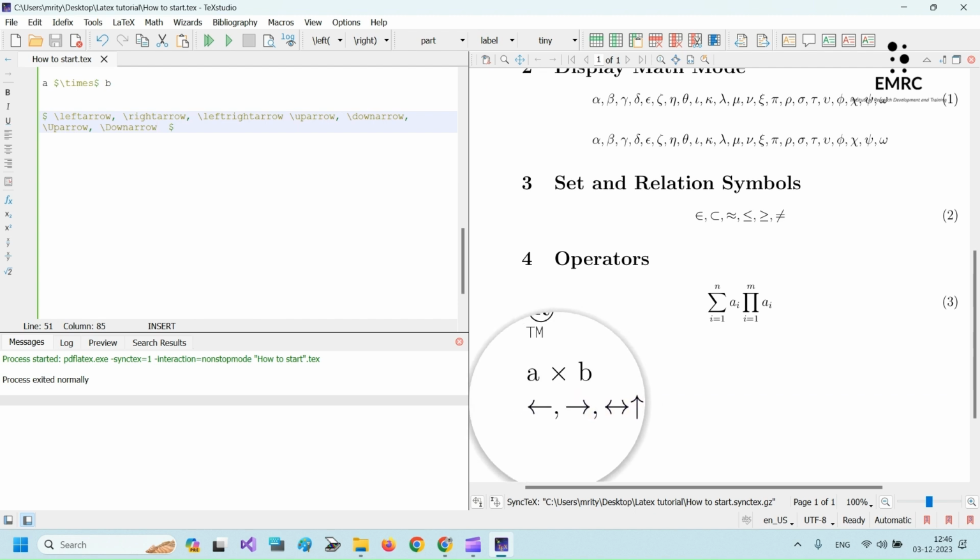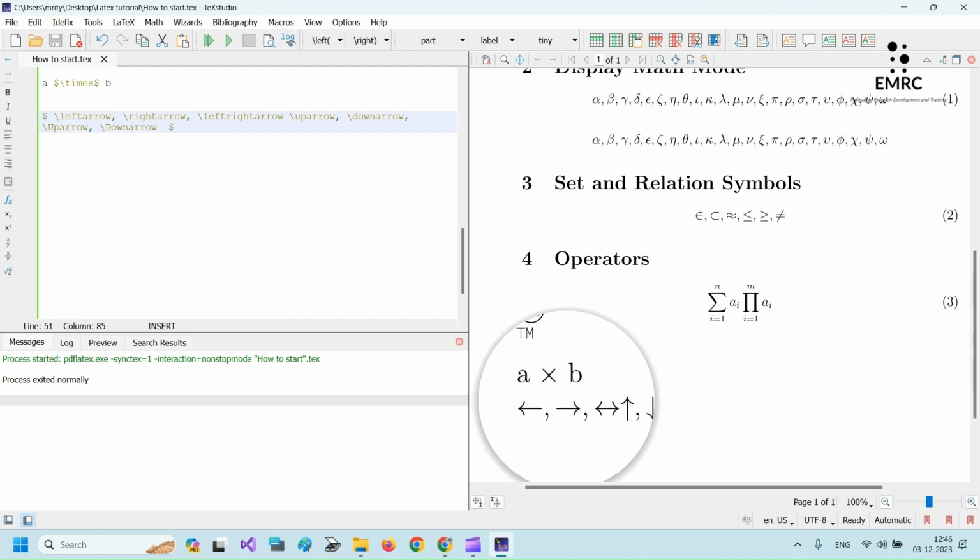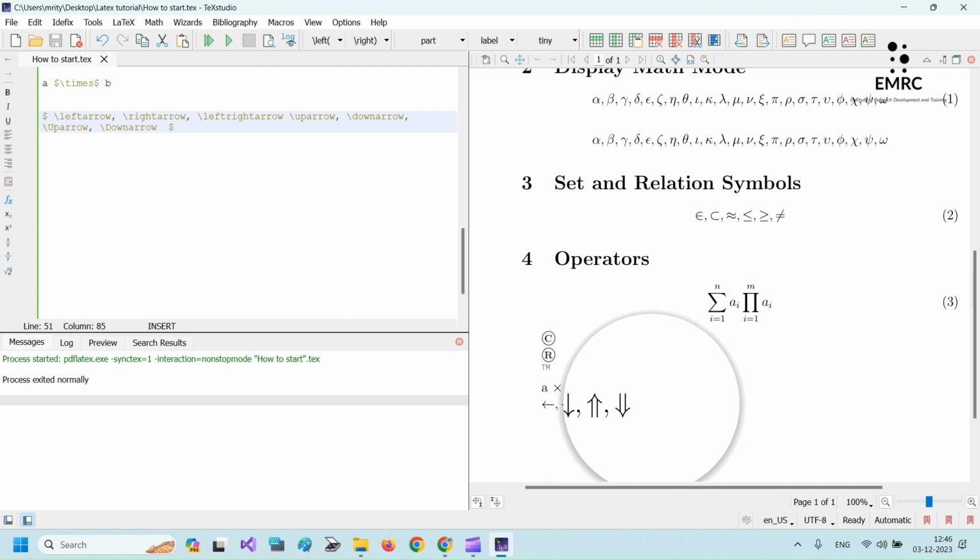You can see various symbols: left arrow, left right arrow, up arrow, down arrow, and up arrow again, and down arrow, but with a slight modification.